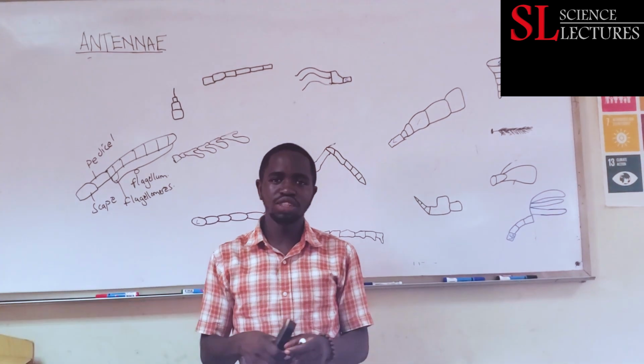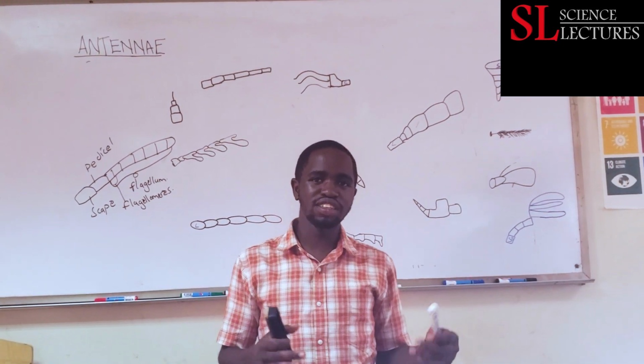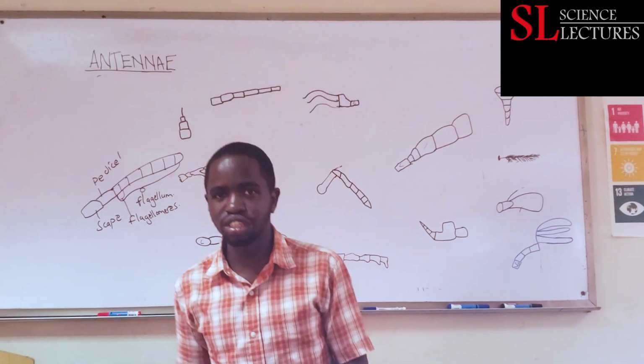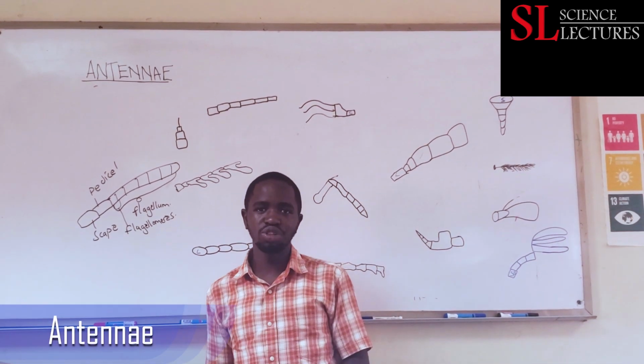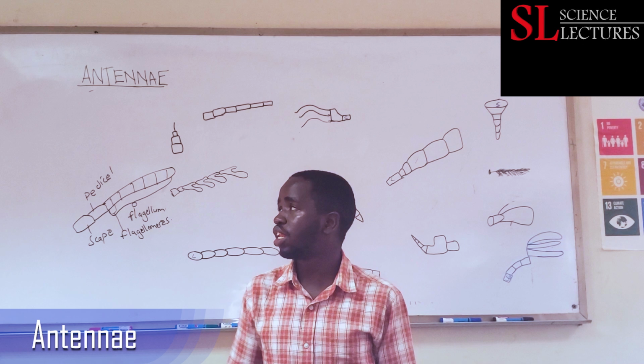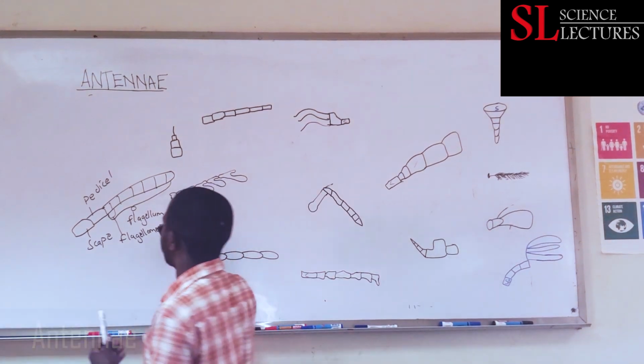However, just as we saw the various types of eyes, the antenna also has different modifications to suit the various ecological niches in which the insects live. We are going to look at some of those.